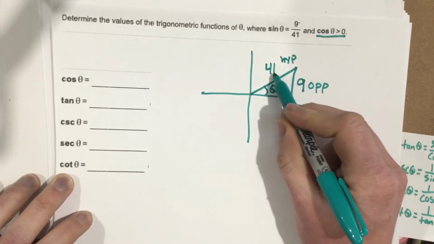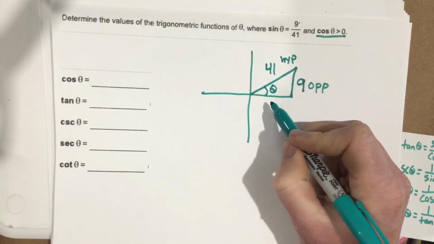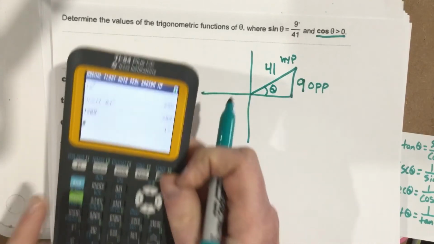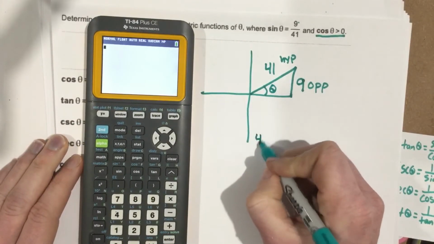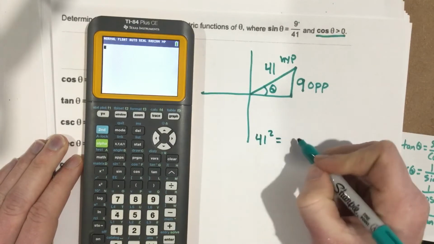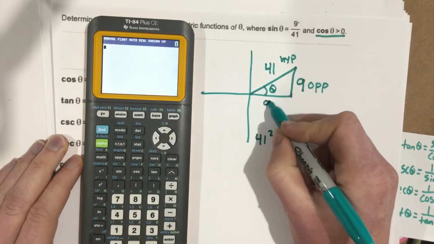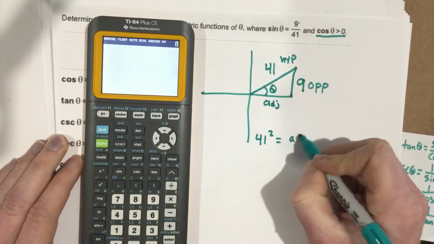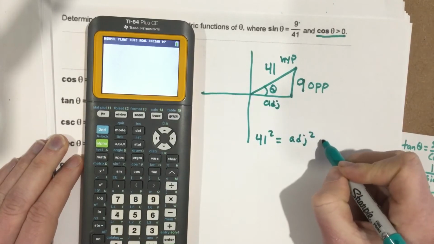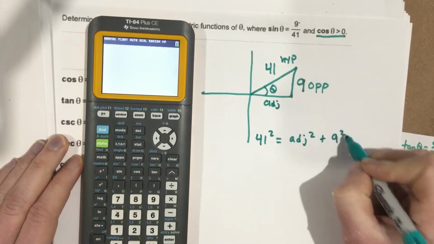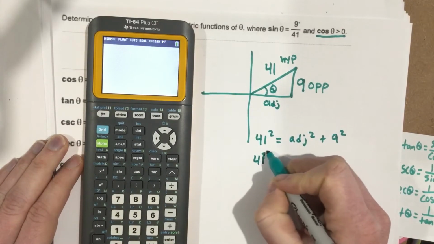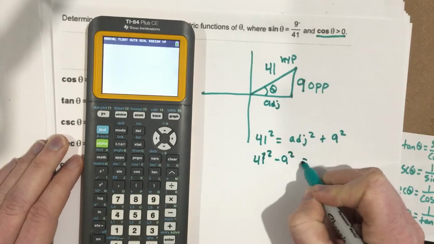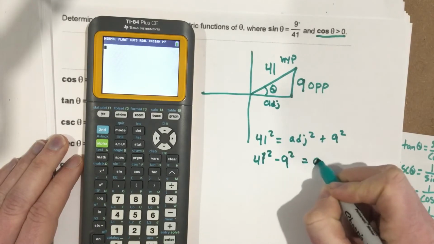So if this is 9, this is 41, how do I find this side? Well, I can use the Pythagorean Theorem to do that. So I can say 41 squared equals the adjacent side squared plus 9 squared. Then I get 41 squared minus 9 squared equals the adjacent squared.